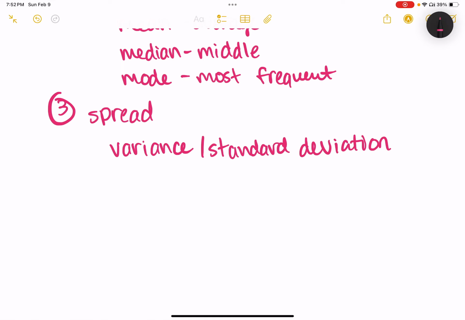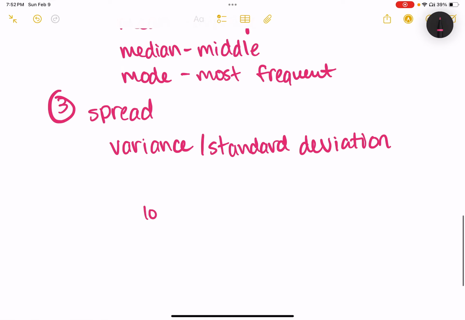However, just to give you a little idea, if you had something with a low standard deviation, your data would all be grouped really closely together. An example of that would be looking at the weight of chihuahuas. We would imagine that most chihuahuas weigh about the same amount, maybe like 5 pounds plus or minus, I'm just guessing.